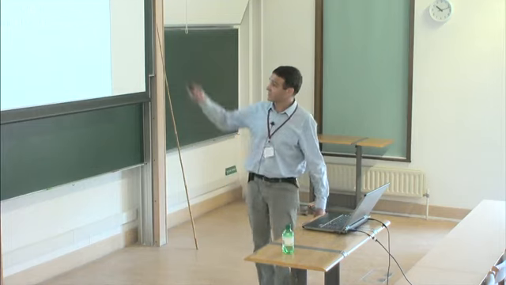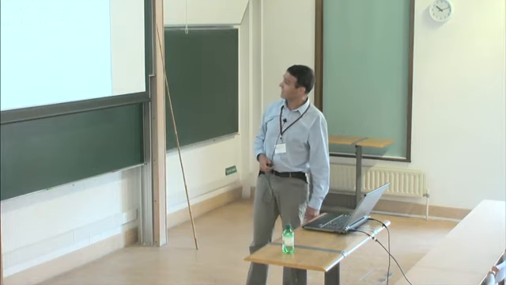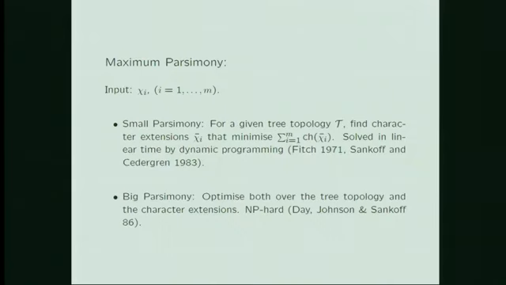Then it's very easy to give a dynamic programming algorithm that runs in linear time. So that's an efficient problem to solve if the topology of the tree is fixed. Of course, if the topology of the tree is not fixed, you have to iterate over all possible topologies, of which there are exponentially many.